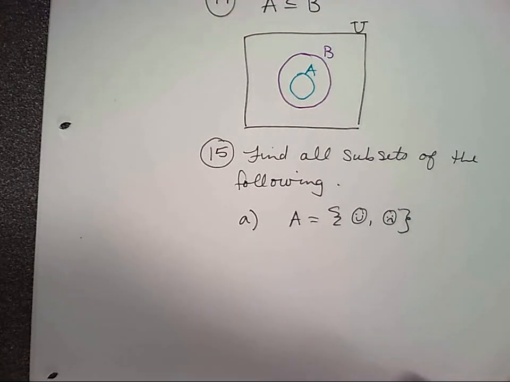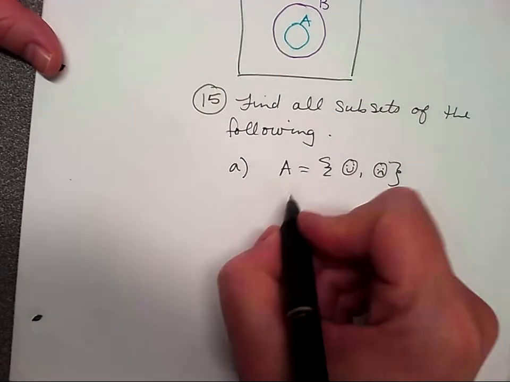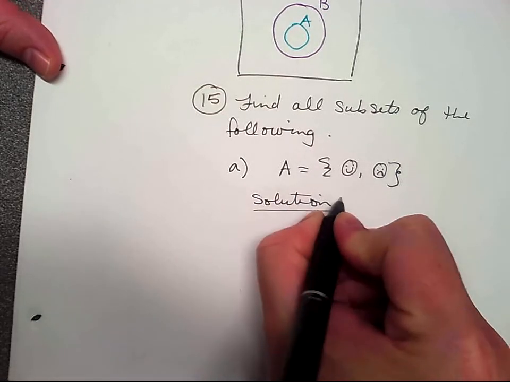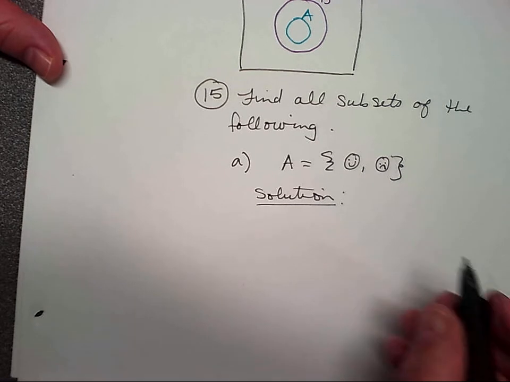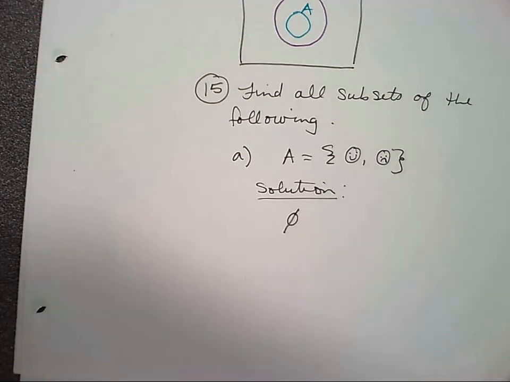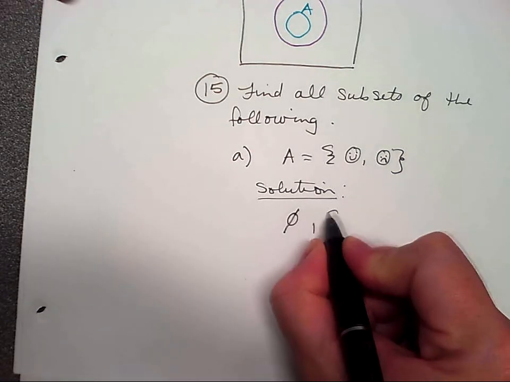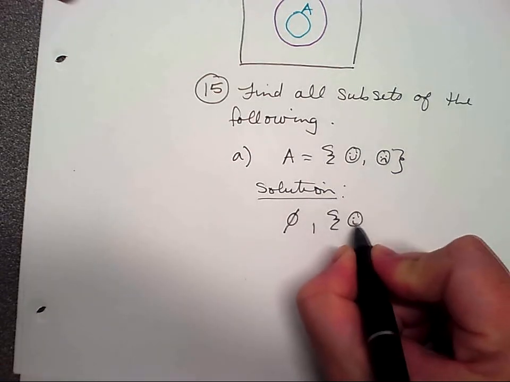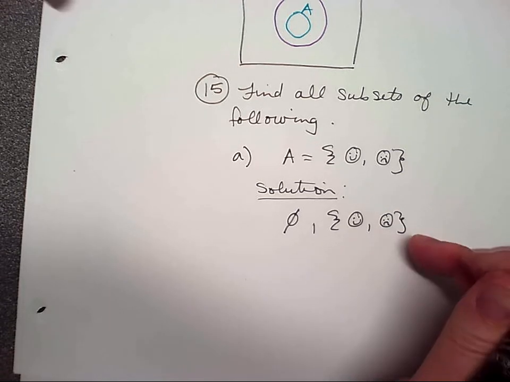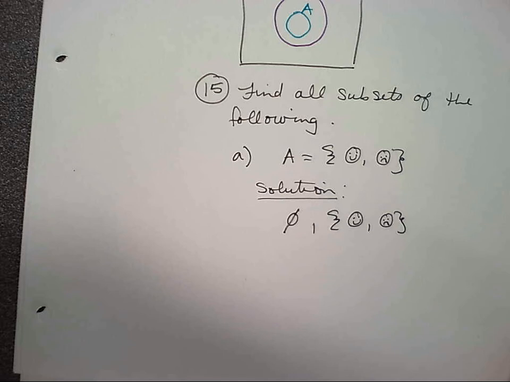So something important is that you need to have the whole set and the empty set as your possible subsets. The empty set is the 0 with a line through it, or the squiggly brackets with nothing in it, right? And you also need to have the whole set. We saw in a previous example that 1, 2, 3 is a subset of the set 1, 2, 3, right?